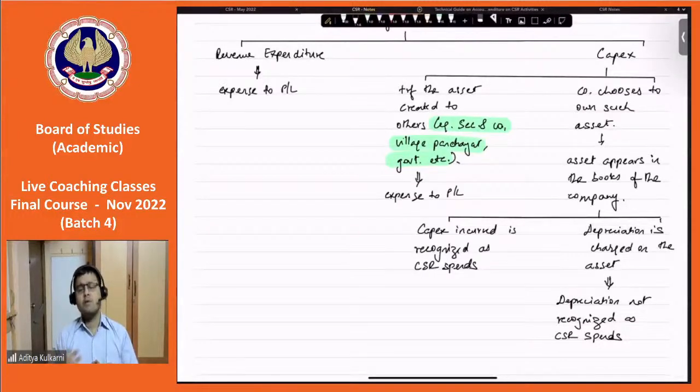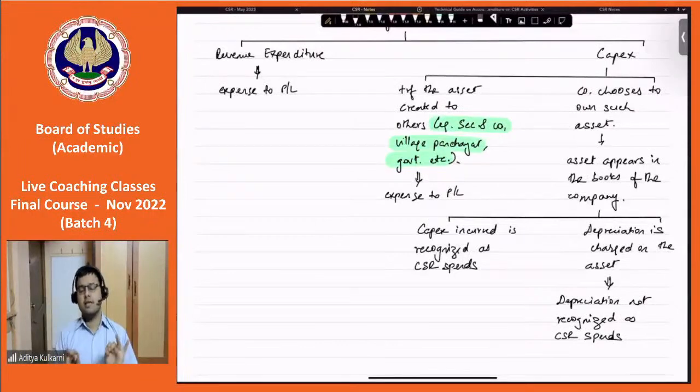If not possible within 180 days, transfer it within a further 90 days. Overall, within 270 days, you will have to transfer that asset. That asset cannot remain in the books of the company that constructed it. So this is the amendment, but it's not specifically given in the institute's module as an amendment.